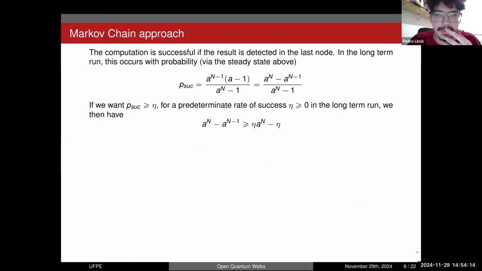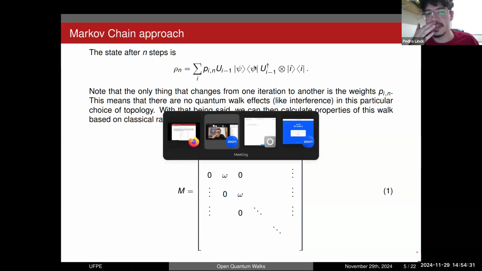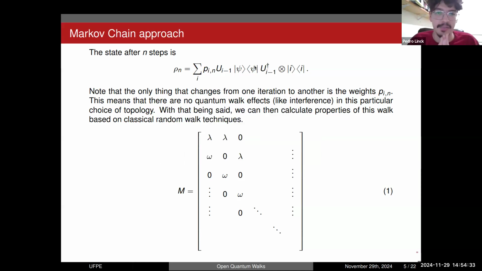It's a lot more complicated. The steady state is harder. The state of the walker is going to change, so it's not just the probability changing. You have to study how the state is changing in time, so it's a lot harder to solve things analytically.